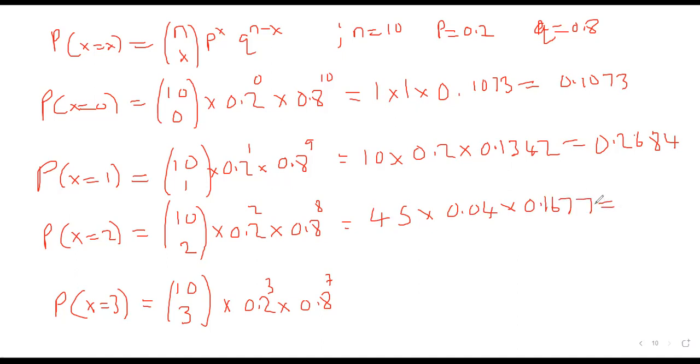That's the final answer. 45 times 0.04 times 0.1677 gives 0.3019.